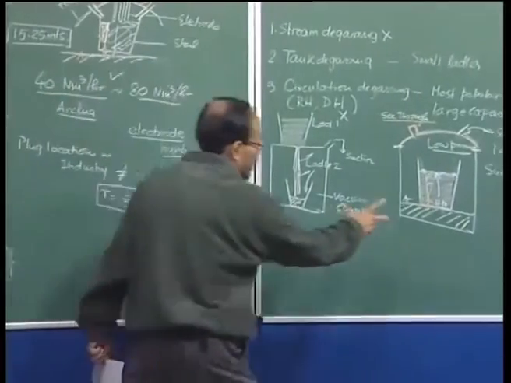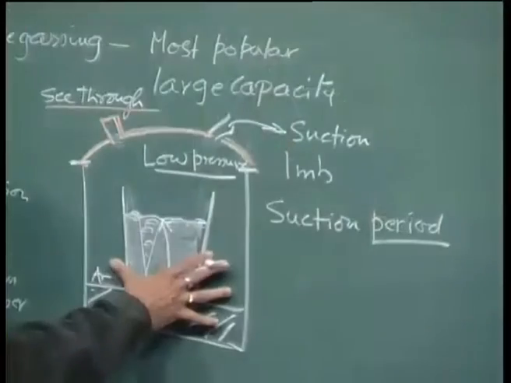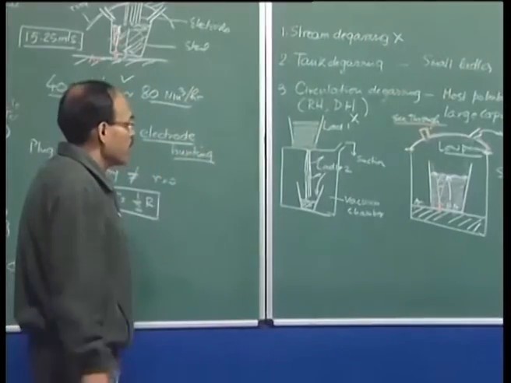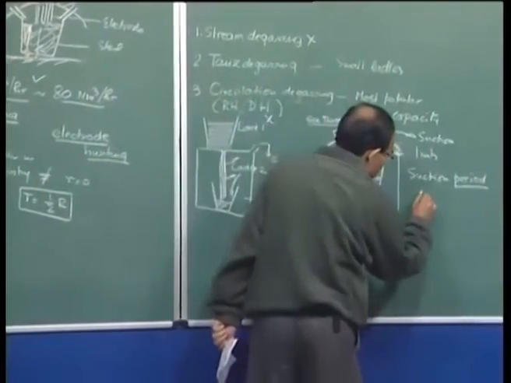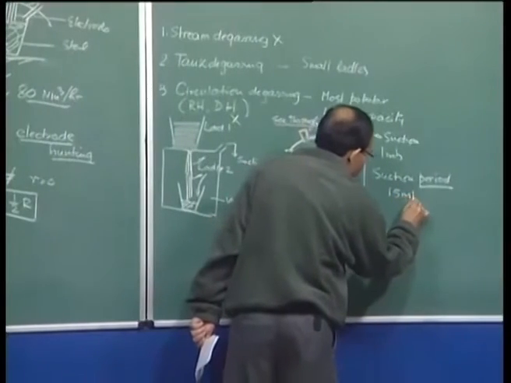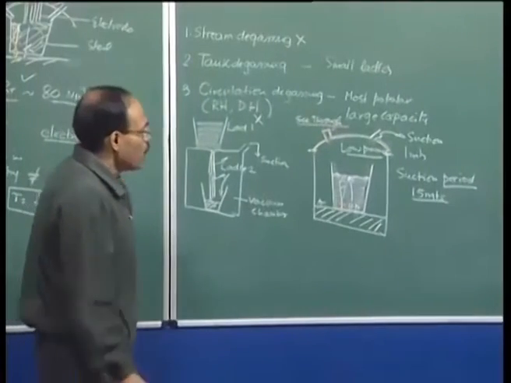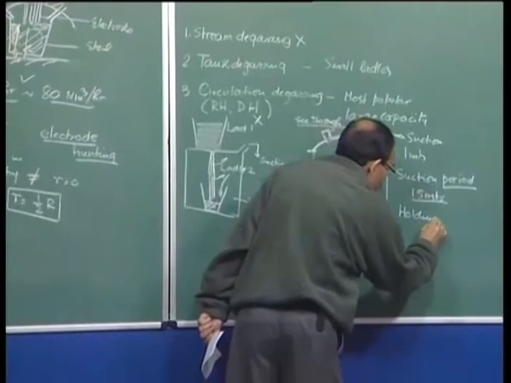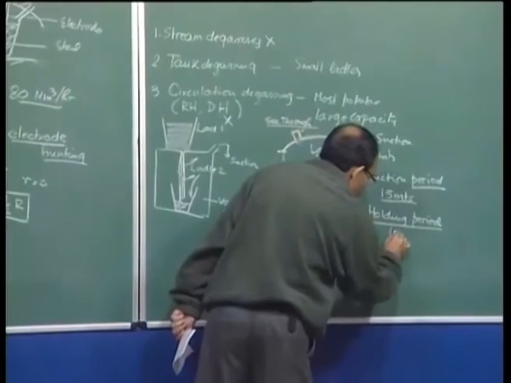So, the tank is an enormous structure. If the diameter of the ladle is 3 meters, this tank could be about 9 to 10 meters in diameter. So, huge tanks are available, and these tanks are made of extremely thick steel plates. The suction period depends on the size of the ladle. I am talking with respect to a 50-ton ladle, where the suction period is 15 minutes and the holding period, which means the depressurizing period, is about 15 minutes.